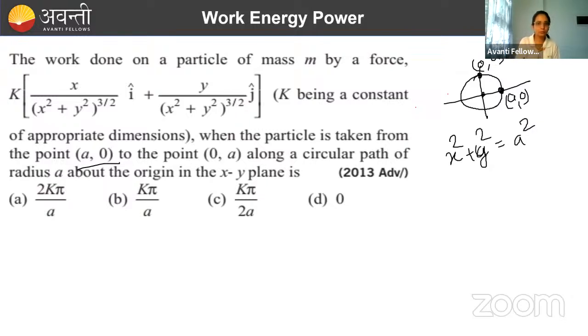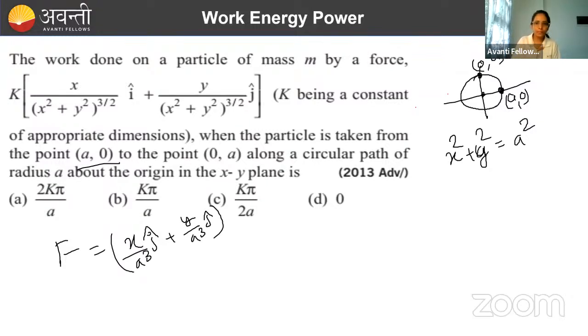So see, what is the force value? Force given is x by (x square plus y square) to the power 3 by 2. Again, x square plus y square can be written as a square. A square to the power 3 by 2 will be equal to a cube. So x by a cube is the force in the x direction, and y by a cube is the force in the y direction. So we have got the force value in the simplest form.